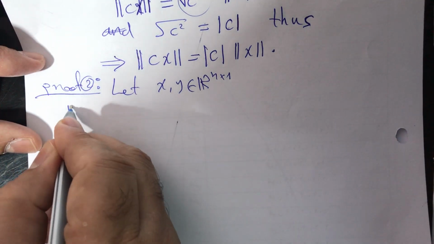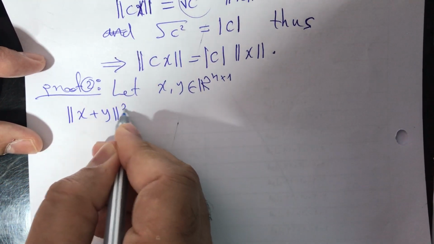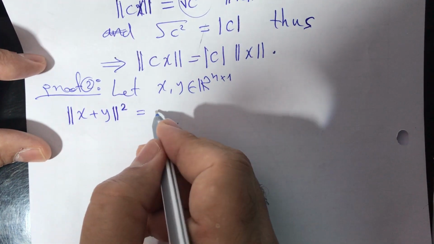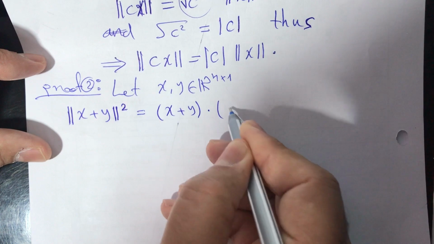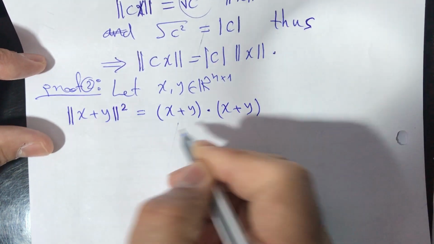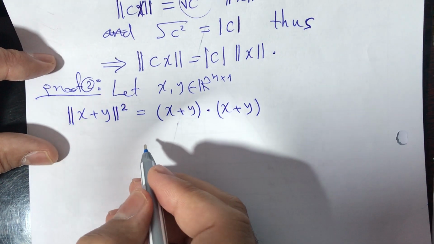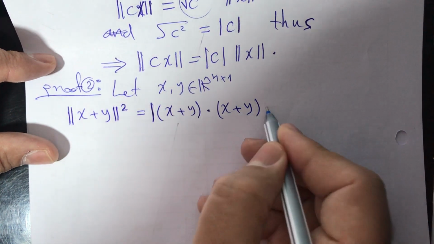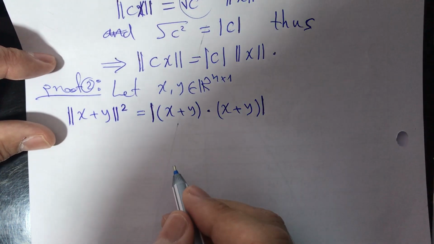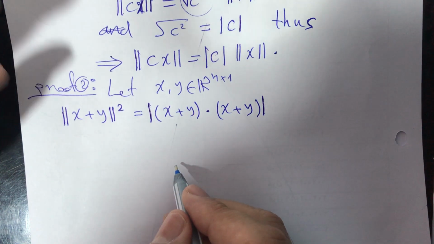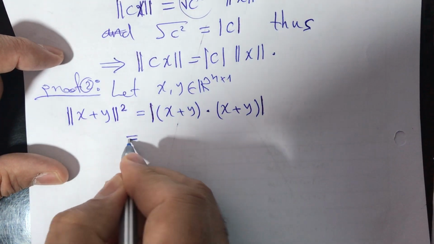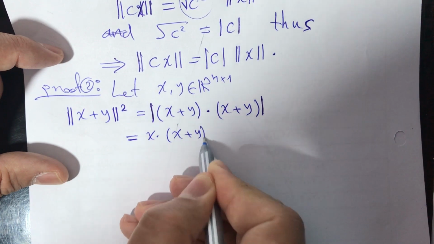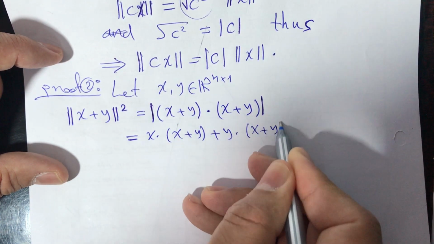Now we take the norm of x plus y squared, and this is equal, by definition of norm, to x plus y dot x plus y.